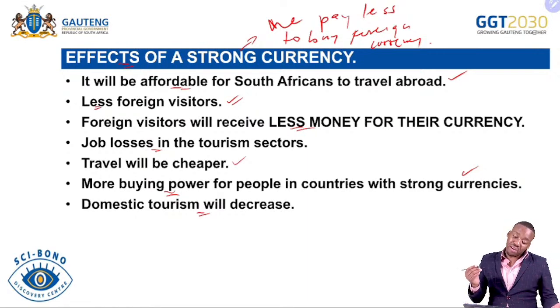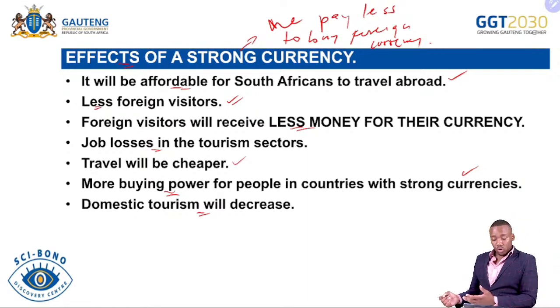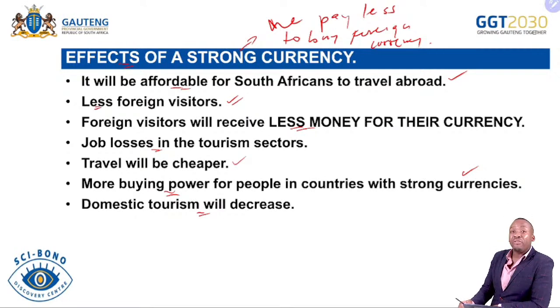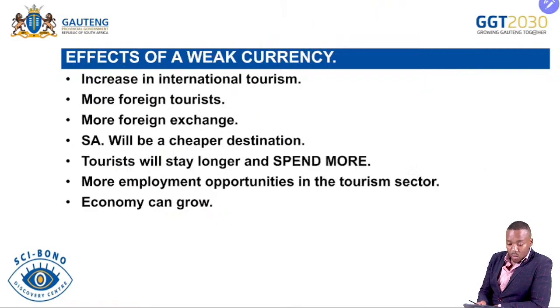So when we have the effects of a strong rand, we also need to look at the effects of a weak ZAR. What are we saying there? The effects of a weak currency, when the currency is weak, then it is going to do what? It is going to increase what? International tourism. In what way?